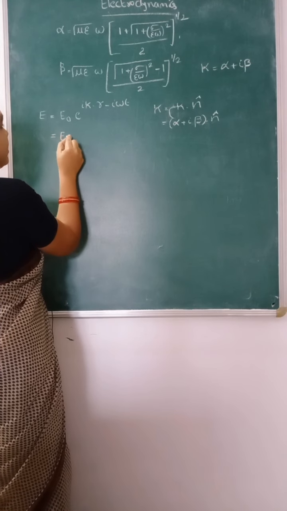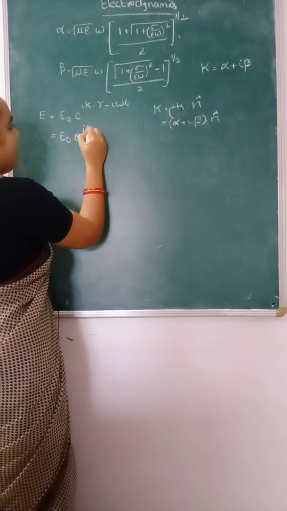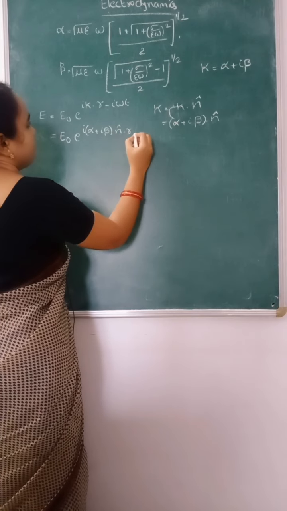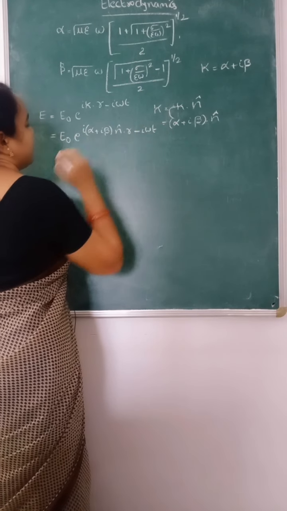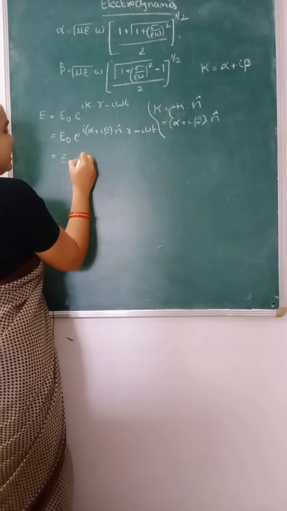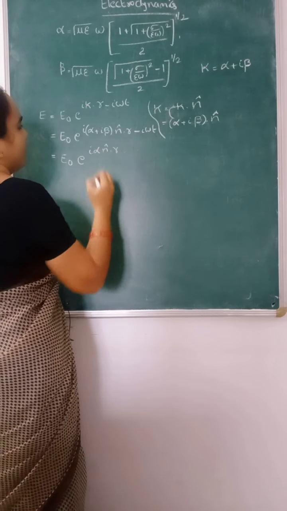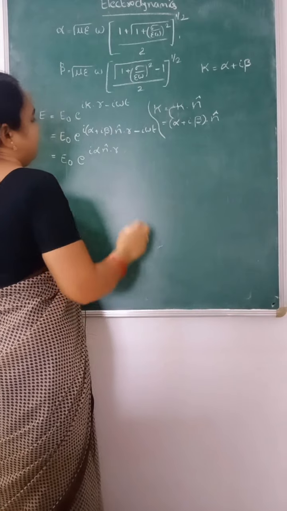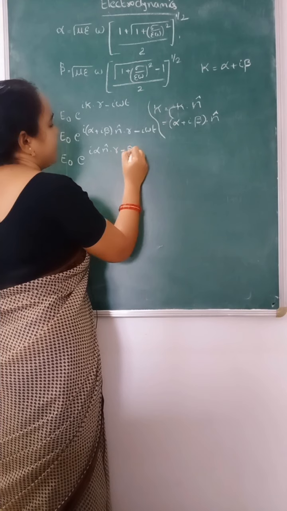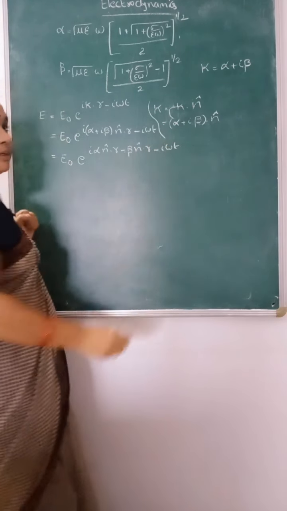Then E is equal to E naught e power i, k is alpha plus i beta into n cap dot r minus i omega t. Then E naught e power i alpha n cap dot r, i into i square, that is minus beta into n cap dot r, minus i omega t.